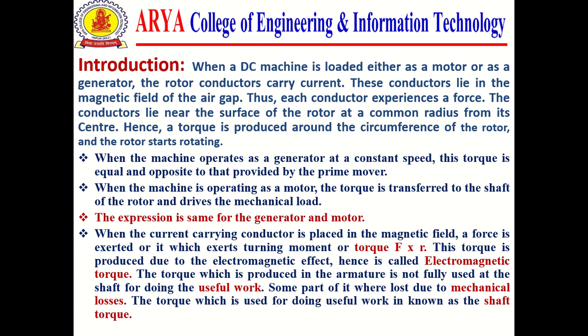When the machine operates as a generator at a constant speed, this torque is equal and opposite to that provided by the prime mover. When the DC machine is operating as a motor, the torque is transferred to the shaft of the rotor and drives the mechanical load.